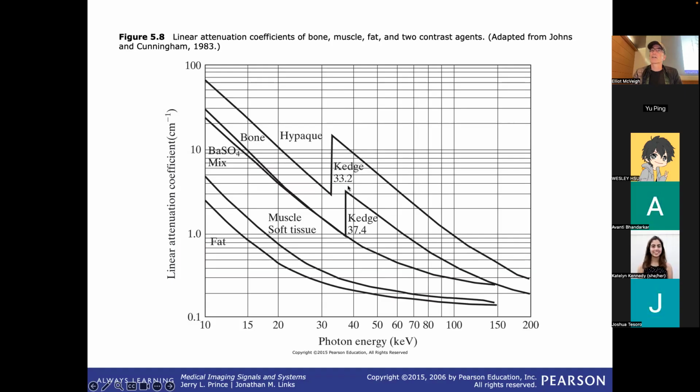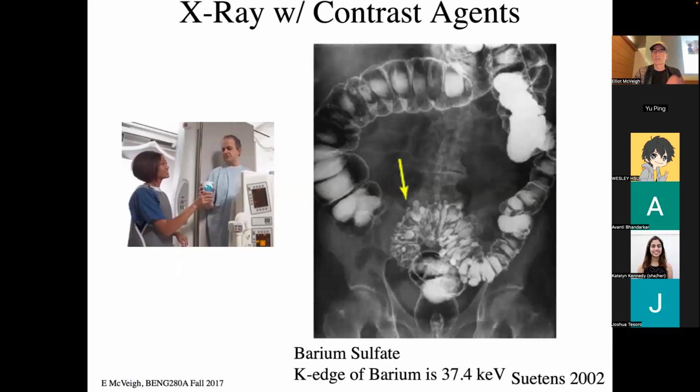For bone, I'm not sure, but it doesn't look like bone has a K-edge on this graph. It looks like it's pretty smooth all the way down. So these are very pure ions that we're imaging. Tissues like hydrocarbon don't have that, I don't think so, no. It's particular to a certain atom.